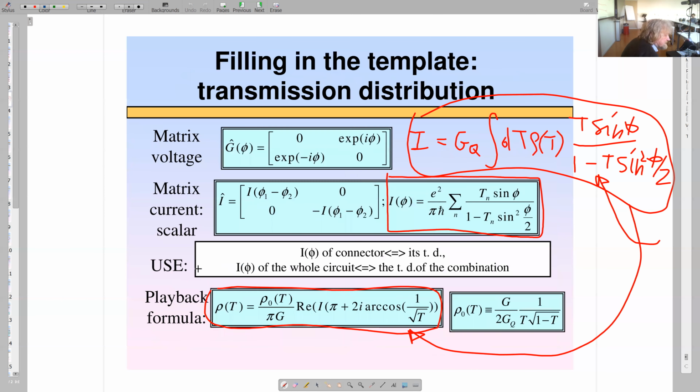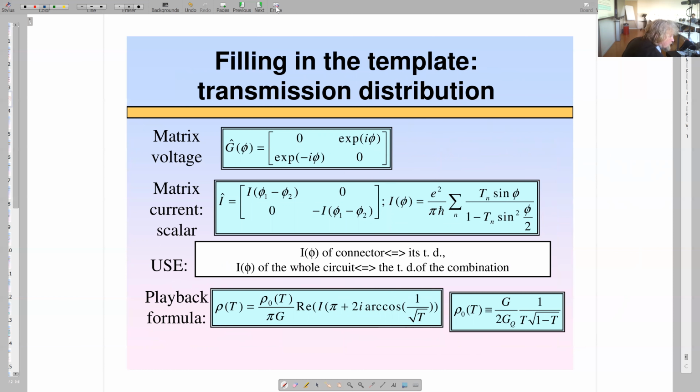That was a template, so let us make it concrete. I said that specifying the template means choosing the matrix voltage, and I choose it now purely from mathematical considerations. I don't claim that it has any physical meaning for this quantity, but it's fine.